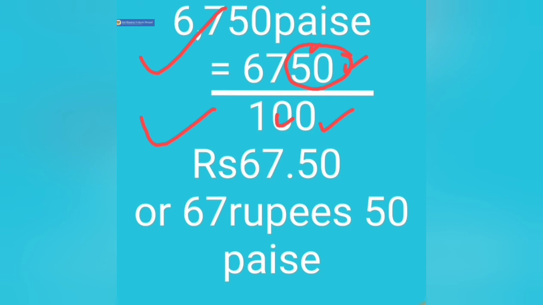We need to insert a decimal point before the last two digits here, so that we can separate rupees and paise. So the final answer is, after inserting the decimal point, rupees 67.50 or 67 rupees 50 paise.